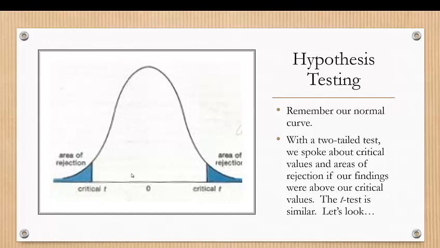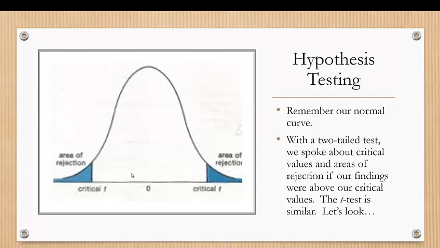With the two-tailed critical value, we saw that we spread that out over both ends of the curve. But it looks slightly different when we use the t-distribution.